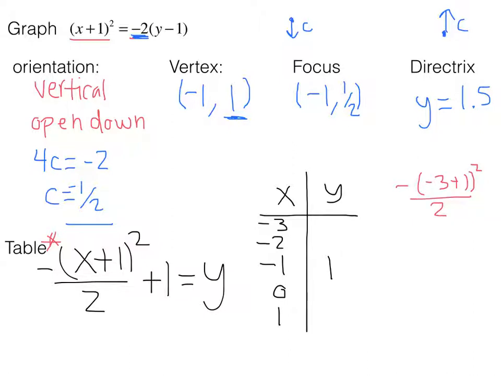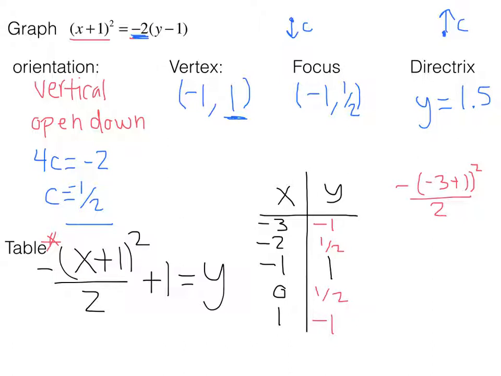That's going to be negative 2 squared is positive 4, divided by negative 2 is negative 2, plus 1 is going to give me a value of negative 1. And then when I plug in negative 2, I'm going to end up with 1/2. When I plug in 0, I'm going to end up with 1/2 as well. And when I plug in positive 1, I'm going to end up with negative 1 again.